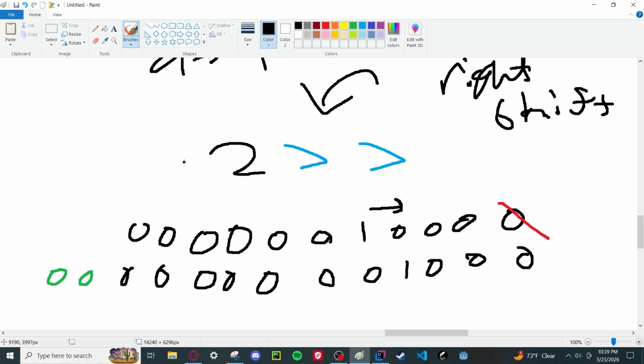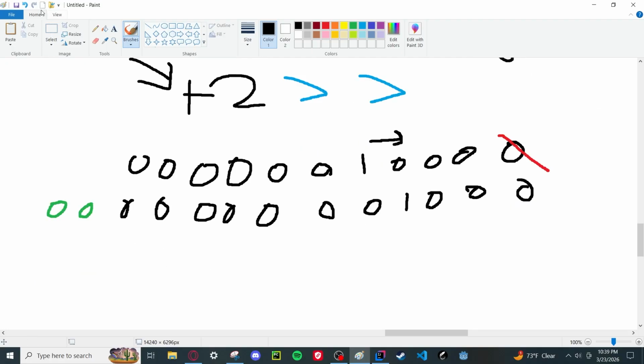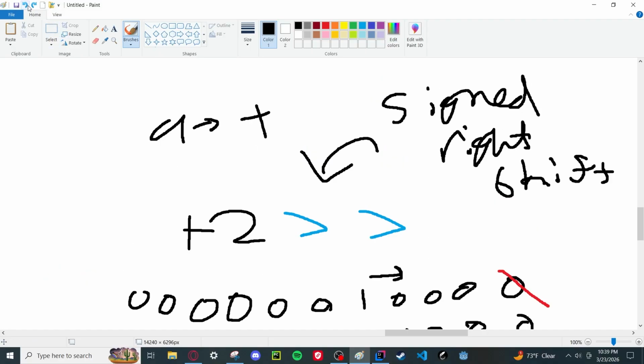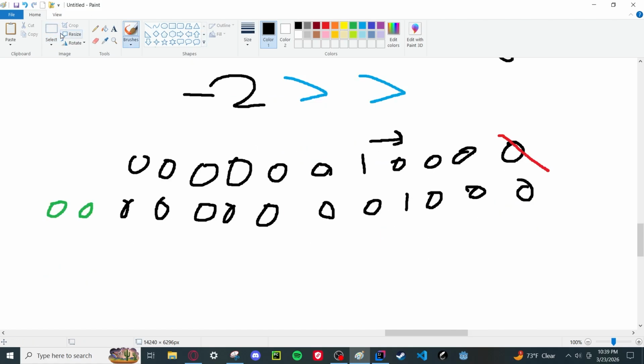If it was positive here, that means your leftmost bit was a 0. Then we have to fill it up with 0 so we can maintain that sign. Conversely, if I had a negative 2, and that was my leftmost bit, and my A is negative, well, in order to maintain sign, instead of filling up the gap with zeros, I need to fill it with 1s. So we're going to add 1s, and this would also all be 1s too.